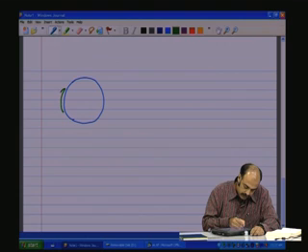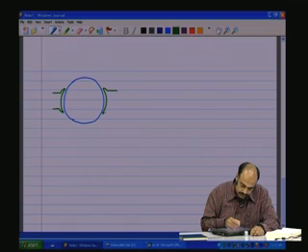So let us explain with respect to just this A field. So we have the A field like that, with coils wound and all those things.